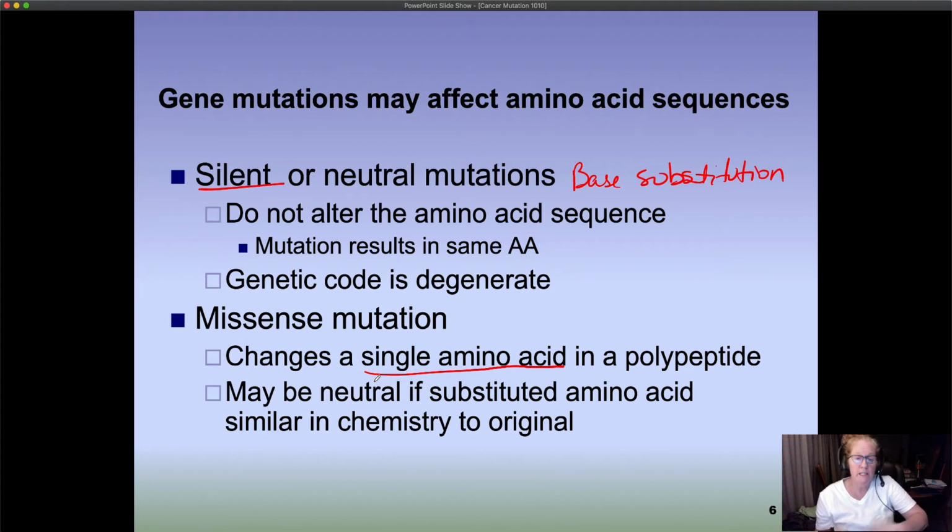But if we replace a hydrophilic with a hydrophobic, well, then that's a completely different type of structure. Remember, those amino acids are going to first interact with the amino acids surrounding them. So if we have a hydrophilic and a hydrophobic, or a positive versus a negative charge, that can drastically alter the structure of the protein, thereby altering the final function of it.